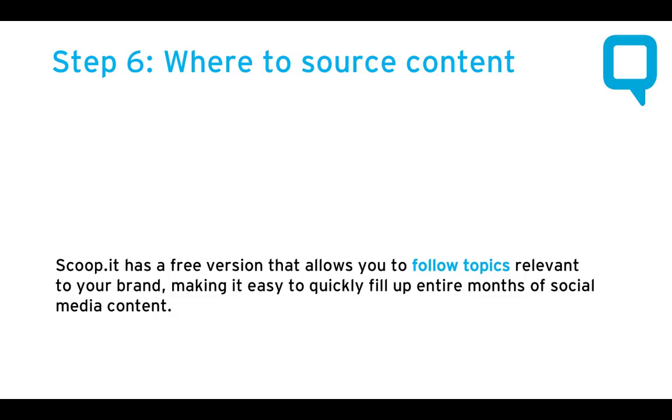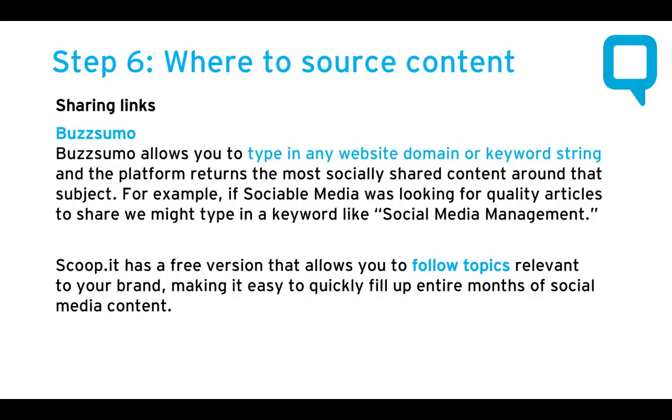Where to source content. There are some really great ideas here. This is called Scoop.it. It has a free version that allows you to follow topics that are relevant. You can quickly fill up entire months of social media content. You can just park it there and come back to it later. With sharing links, there's also BuzzSumo, which is really interesting. It allows you to type in any website domain or a keyword and boom, it will come up.